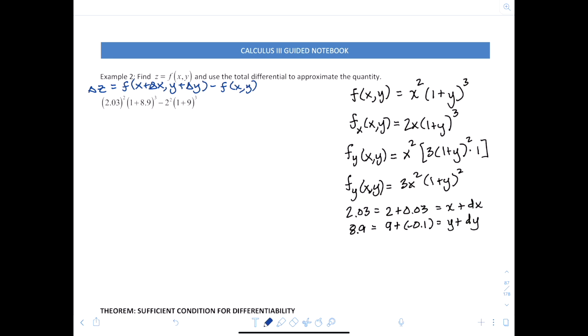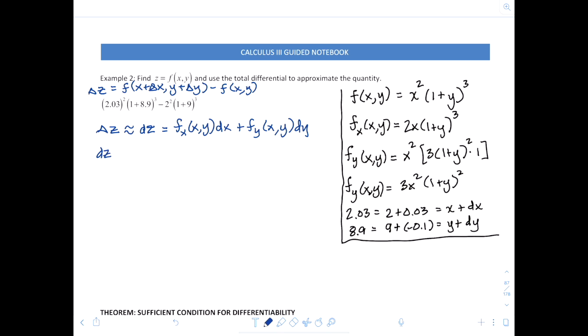But remember that we can approximate delta z as approximately what? dz, and that would end up being fx of x and y dx plus fy of x and y dy.